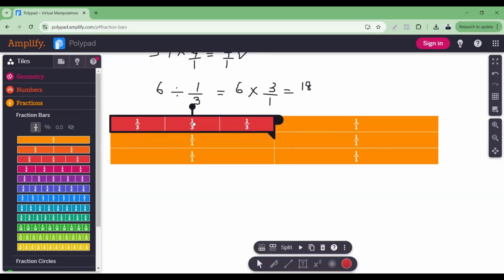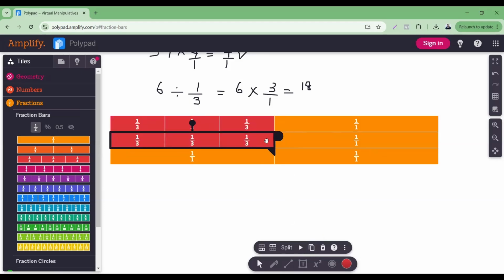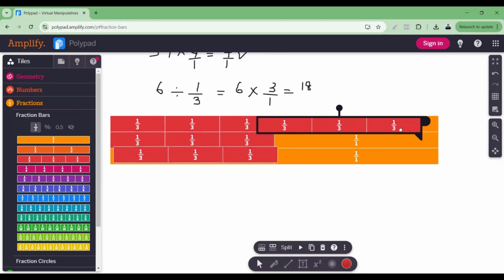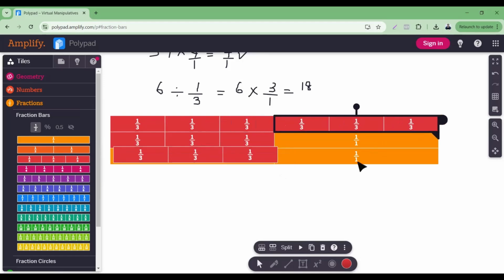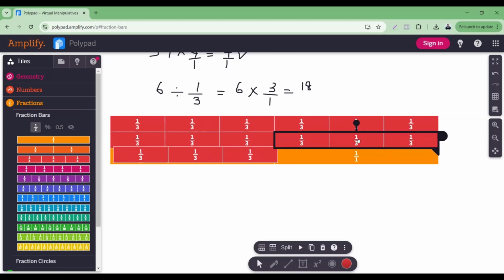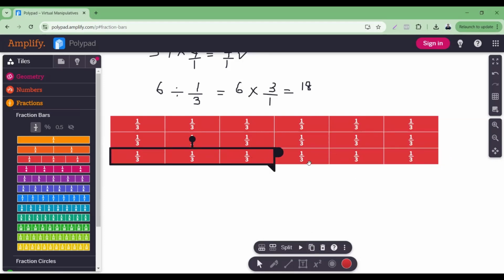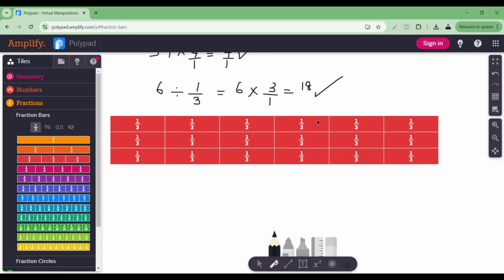Look at this: 3, 6, 9, 12, 15, 18. We got 18 such 1/3s required, and that is what we got as the answer also. So the technique that we have finalized works for any fraction.